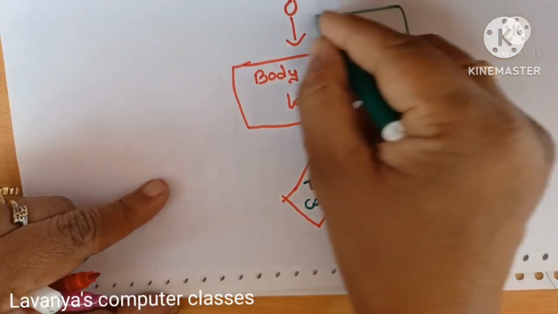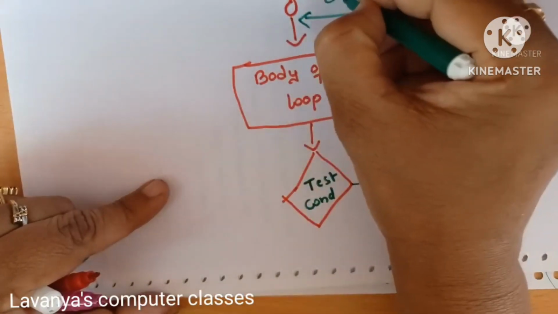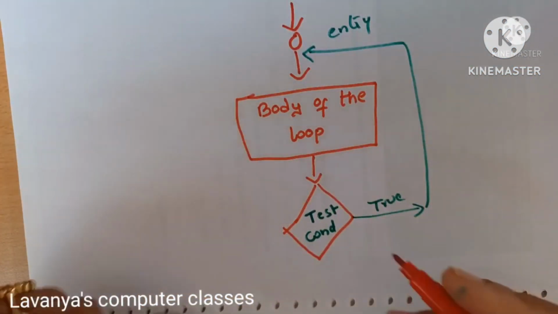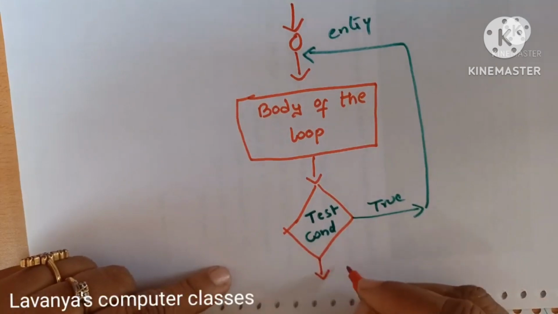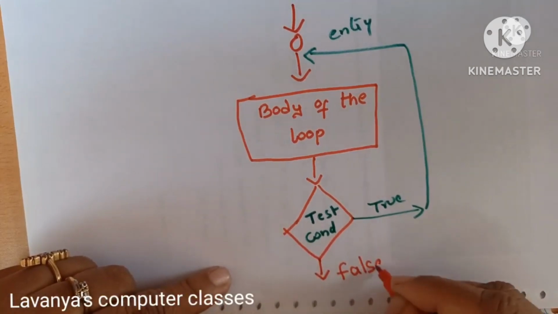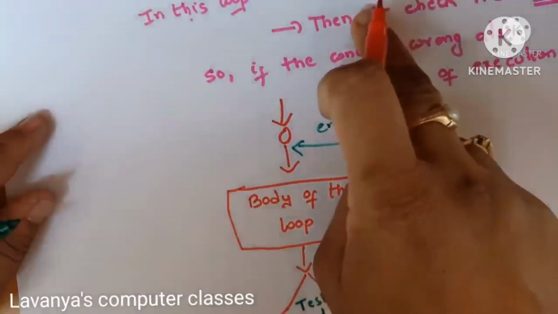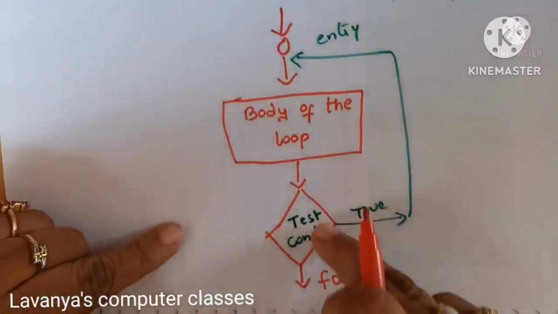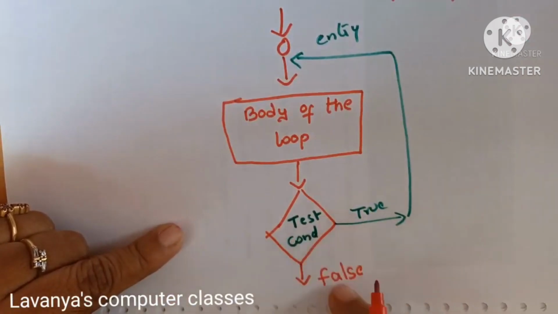Like this it is continuously repeated until the given condition is true. If the given condition is false, then only it exits from the loop.